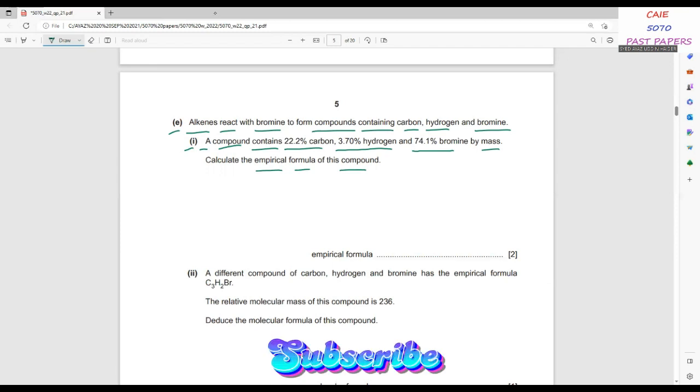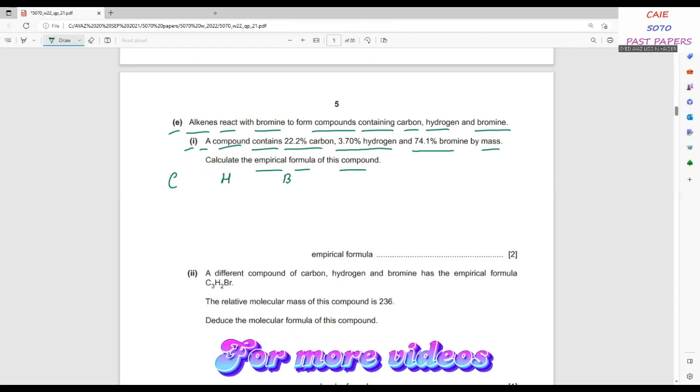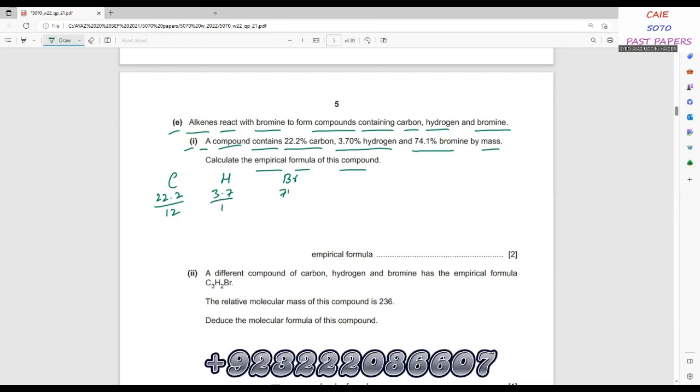We need the AR or nucleon number of carbon, hydrogen, and bromine to carry out this calculation. So you'll write carbon, hydrogen, and bromine. For carbon, you have 22.2 divided by 12. For hydrogen, you have 3.7 divided by 1. Bromine should be 74.1 divided by 80.